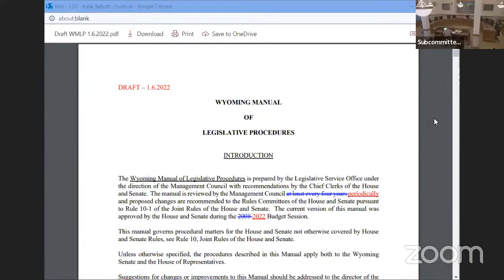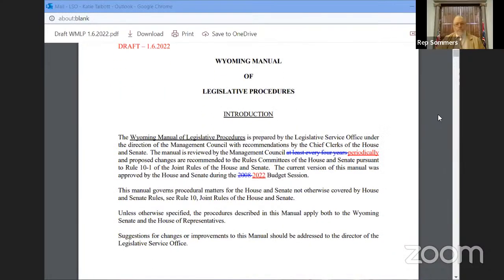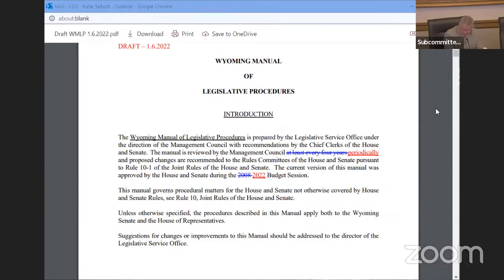Okay, Mr. Chairman, ready to go. Page 1, you'll see the 2022 budget session. That'll depend on when you guys actually get this done. My suggestion would be that you try to do it in the 2023 session. You have a new legislature coming in.